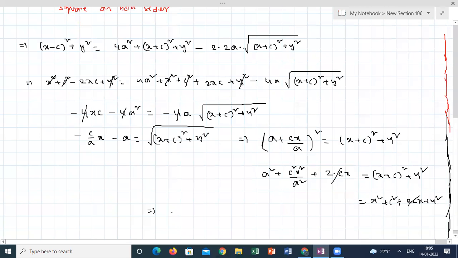So what is the final expression you are getting, students? X square plus y square is equal to a square plus c square x square by a square minus c square.